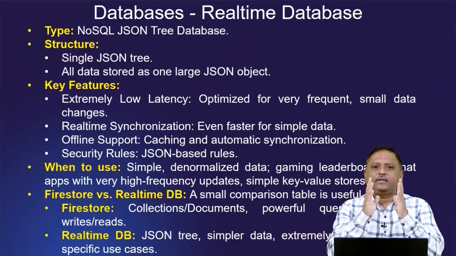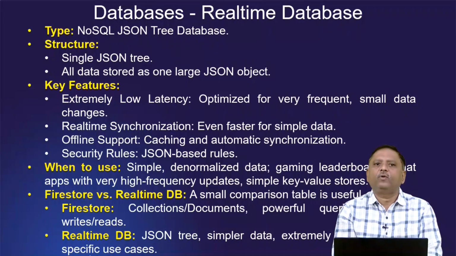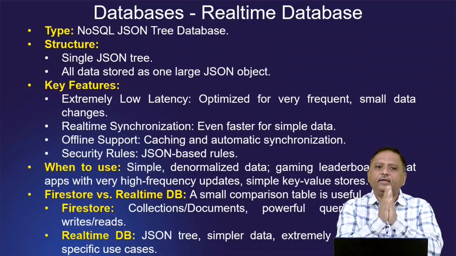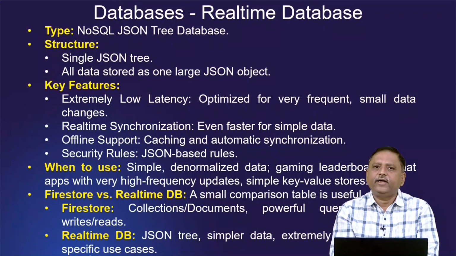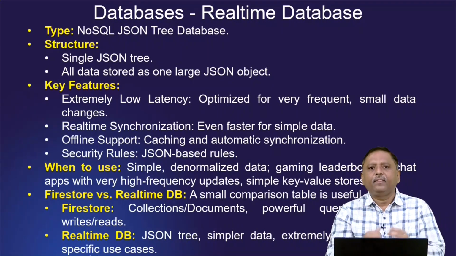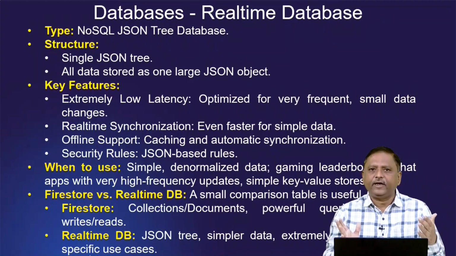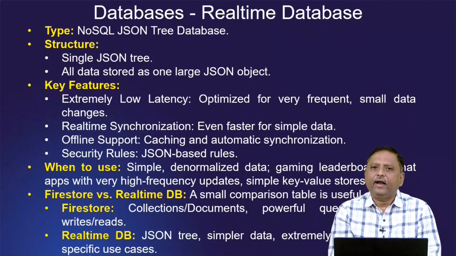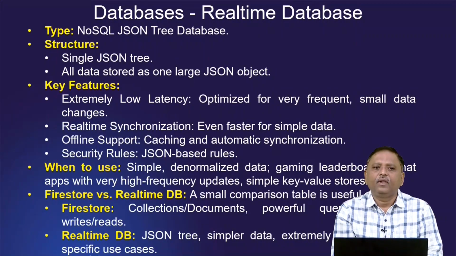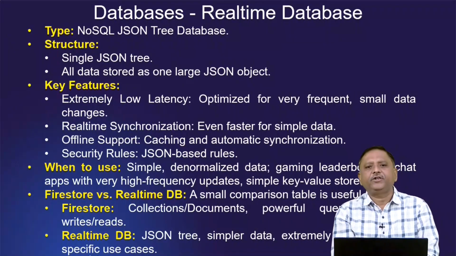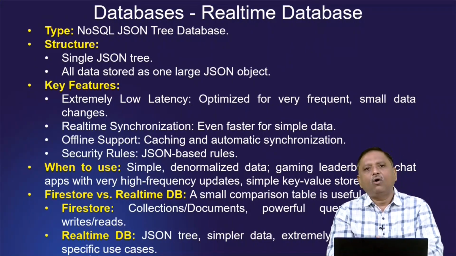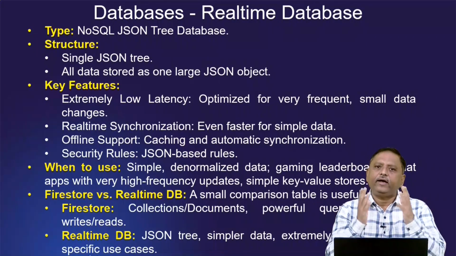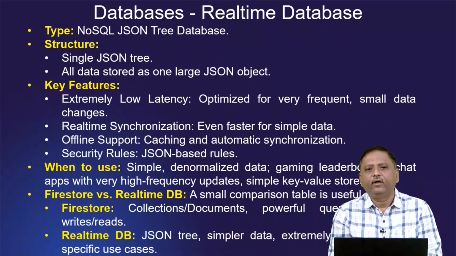Now, let us understand the real time database provided by Firebase. It is again a NoSQL JSON tree database. Its structure is a single JSON tree and all data is stored as one large JSON object, like we have seen with collections in the previous example. Its key features include extremely low latency, real time synchronization, offline support and security rules.